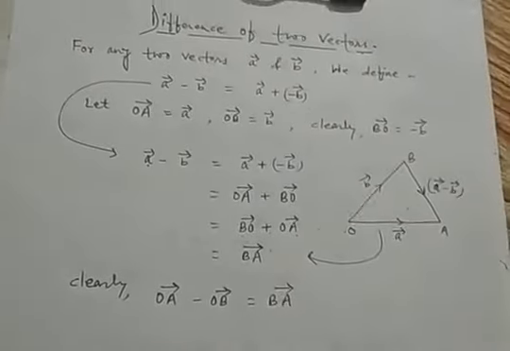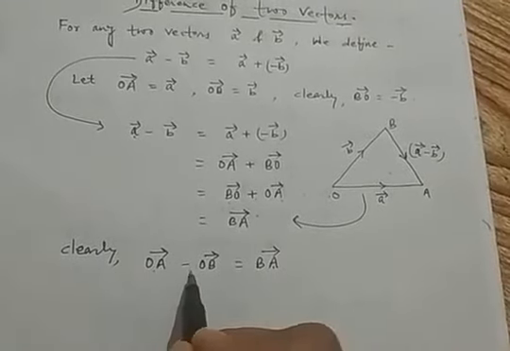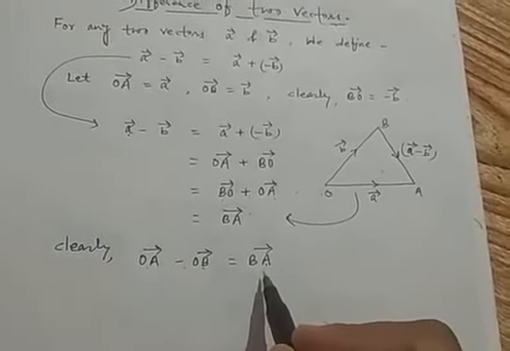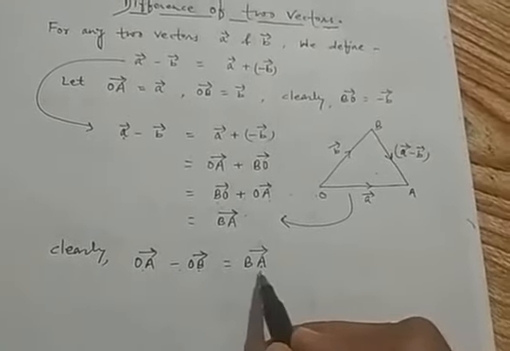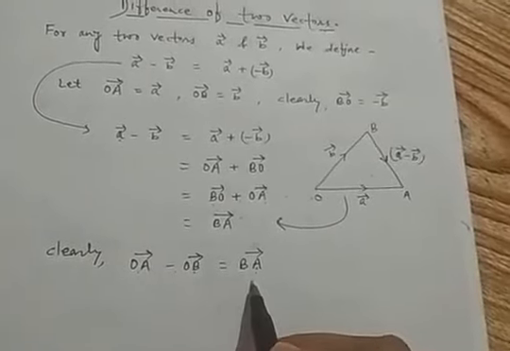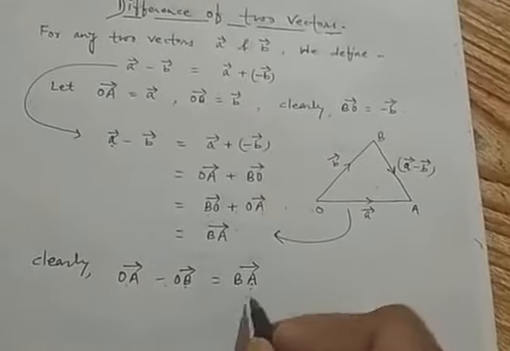So here vector BA is equal to vector OA minus OB. So we can say that vector BA is equal to the position vector of A minus the position vector of B.